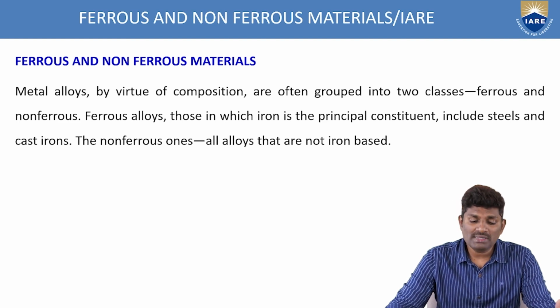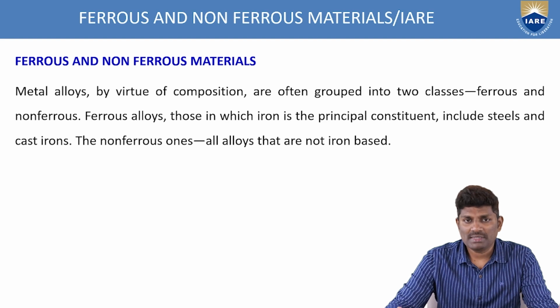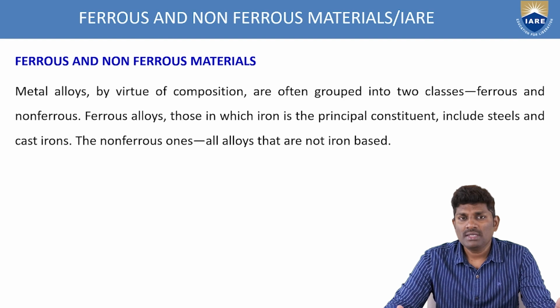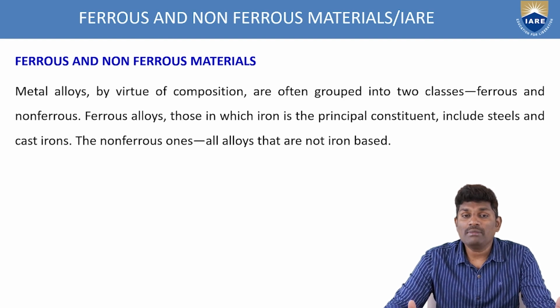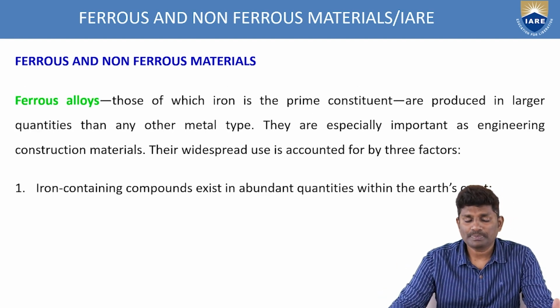The non-ferrous alloys are not iron based. So that is the main difference between ferrous and non-ferrous alloys. Generally, metal alloys have been classified into two classes: ferrous materials, whose major constituent is iron, that is steel as well as cast iron, and non-ferrous alloys, which are not iron based.